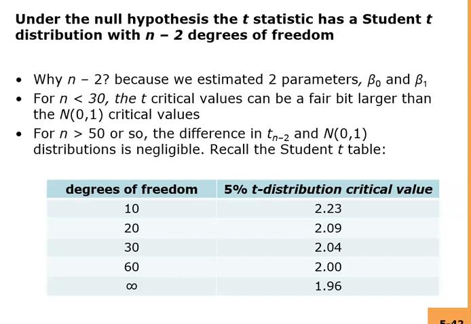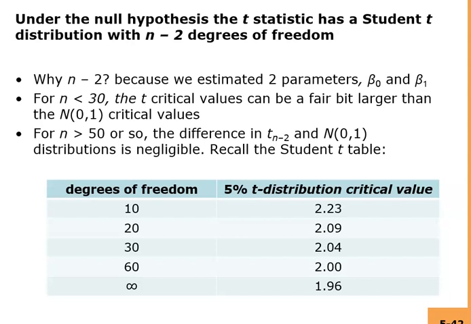So why n minus 2? I already explained that. For n less than 30, the t critical values can be very different from the critical values obtained from the standard normal table. But that is not the case for n greater than 50.